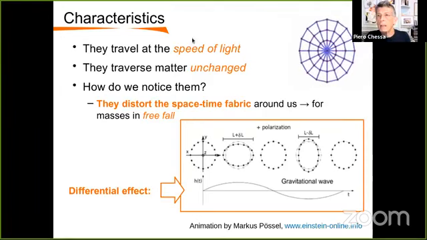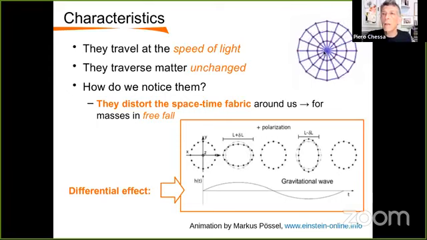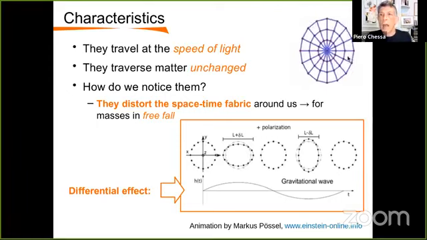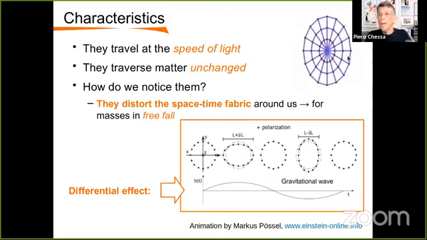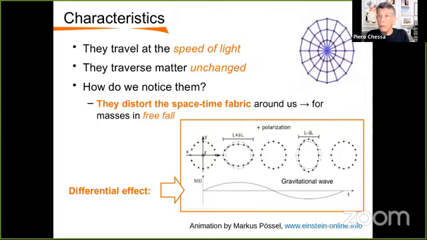The gravitational wave in this case is traveling perpendicular to the screen, coming out of the screen, and on the screen you have perpendicular effects. That means that when the horizontal length is decreased, the vertical one is at the same moment increased. So you can imagine making differential measurements of a gravitational wave by measuring perpendicular variations of a length.